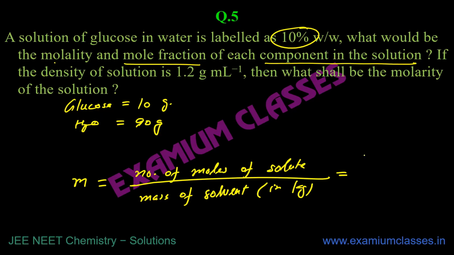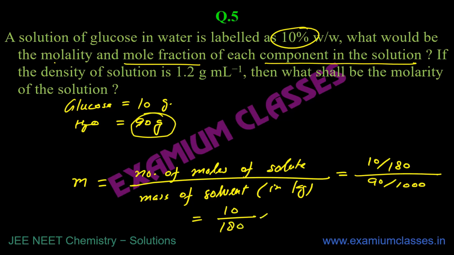So it will be given mass divided by molar mass, 10 divided by 180. And mass of solvent will be this in grams divided by 1000 because we have to get it in kilograms, and you get the answer. So easy. So it will be 10 divided by 180 into 1000 divided by 90. Right. And when you calculate, you will get 0.618.